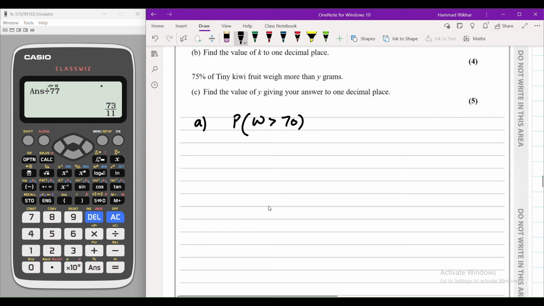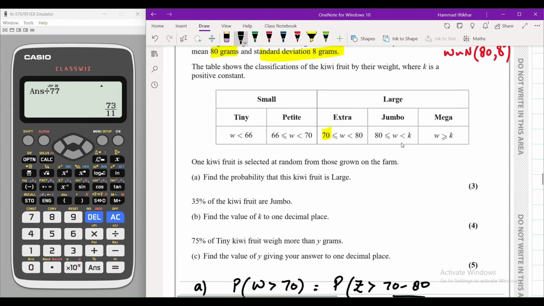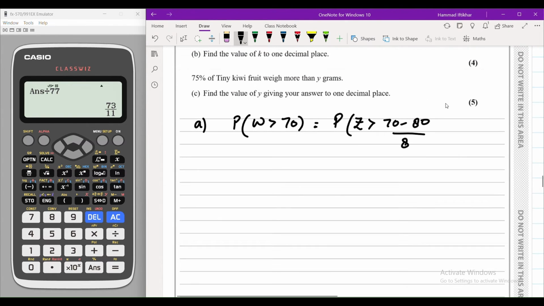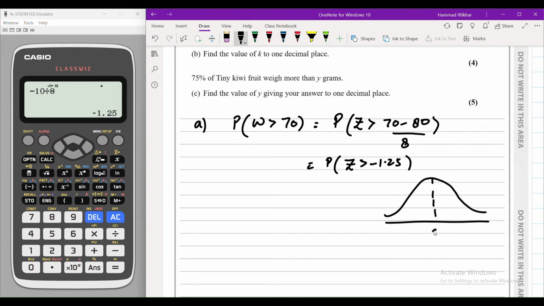First off, we need to standardize it. Z greater than 70 minus 80 divided by the standard deviation, 8. So minus 10 divided by 8, that is minus 1.25. In the standard normal table, this is over here.